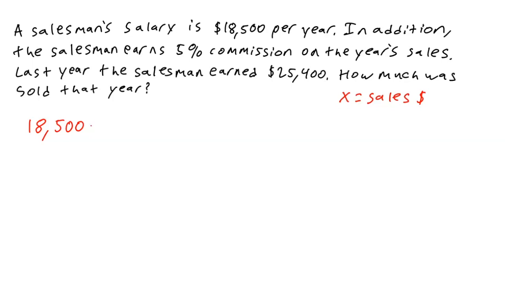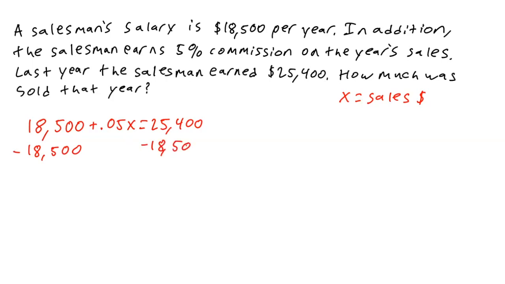And that's in addition, so add. 5%, remember, as a decimal is 0.05. And then that's times the sales, what we want to know. And that combined made $25,400.